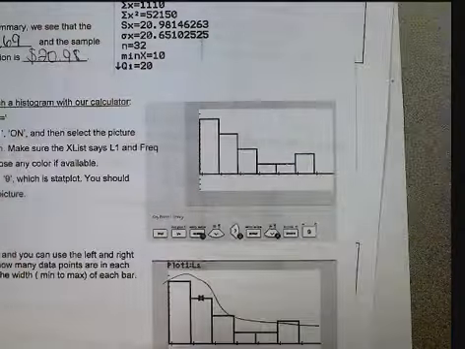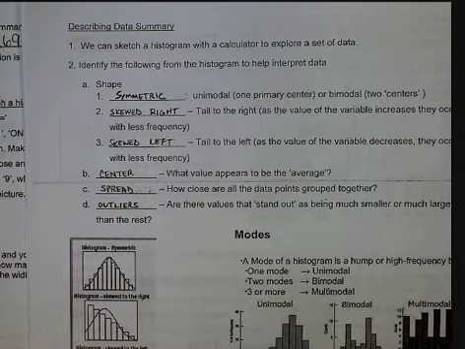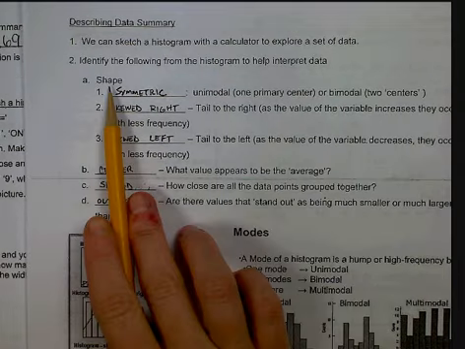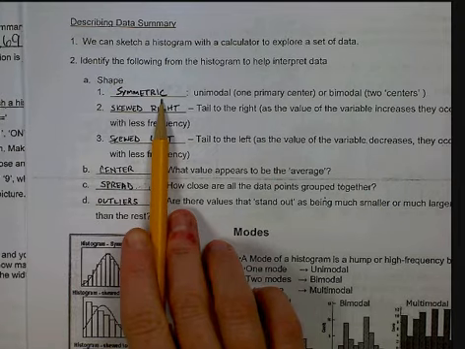So the next page just has some vocabulary, and I have filled this in for you. When we talk about shape, data can be symmetric. If you fold the histogram in half, the two sides would meet each other.